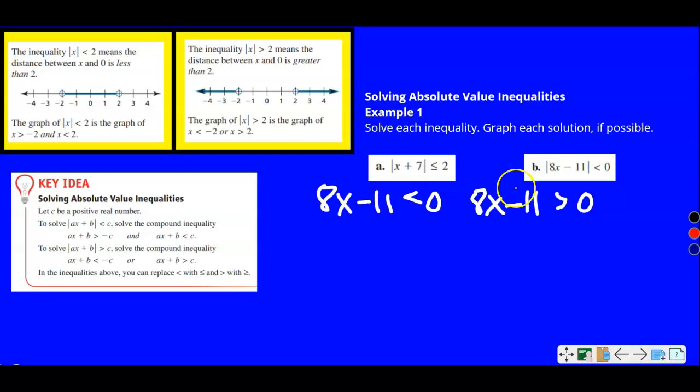So we can conclude that part B has no solution. We don't have to go any further. We just have to determine that it can't be less than 0. C must be a positive real number, and that's as far as we can go to get no solution.